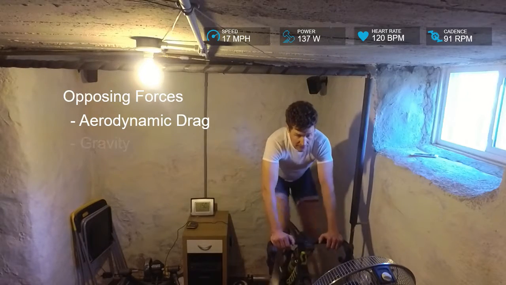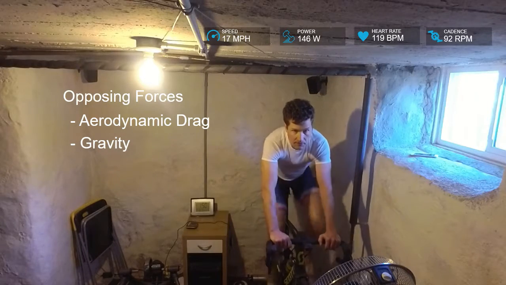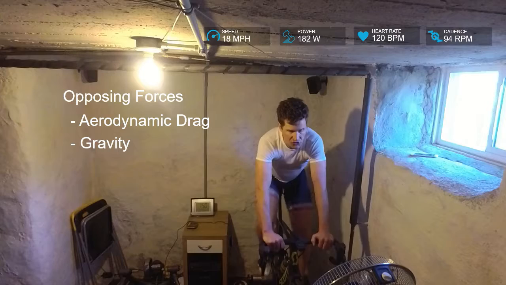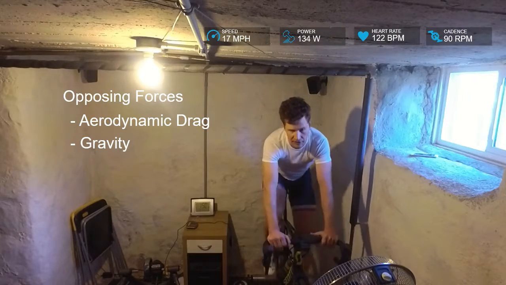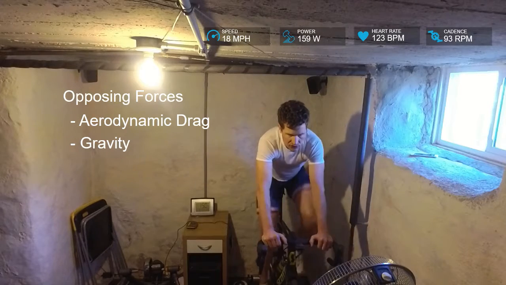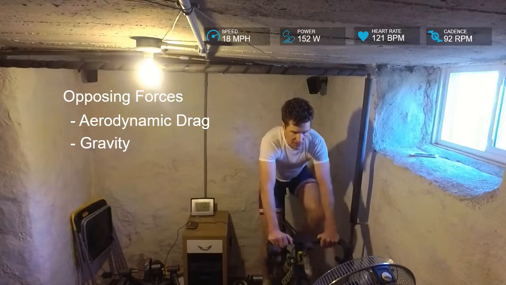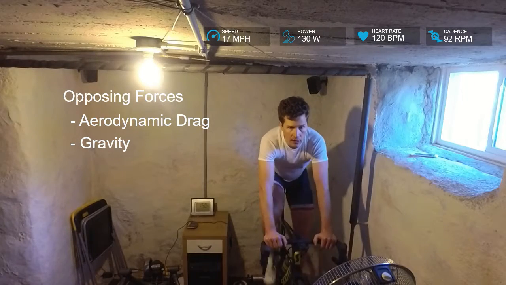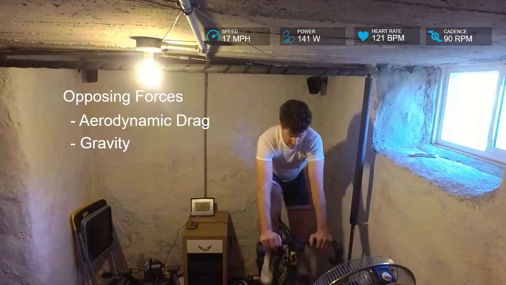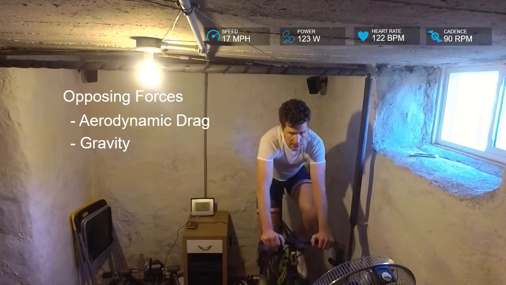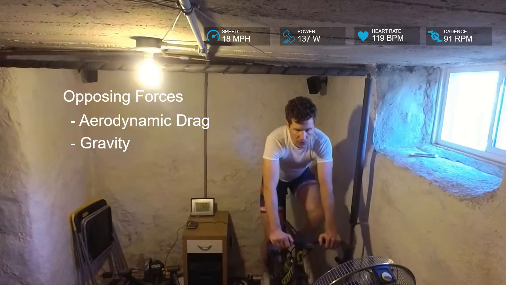Then you also have gravity, which is relatively minimal on a flat road, but as soon as the road pitches uphill, it starts to get more and more significant until it quickly gets steep enough that it becomes the majority of the resistance you're trying to overcome. Those are the two big ones, and then you also have the relatively minor opposing forces.